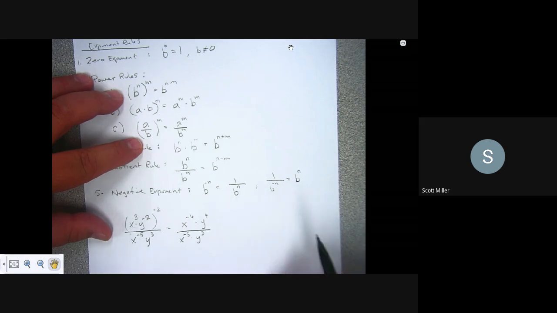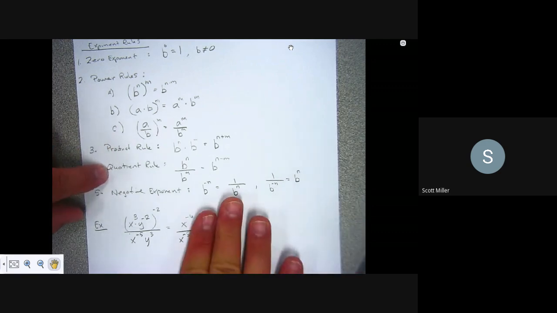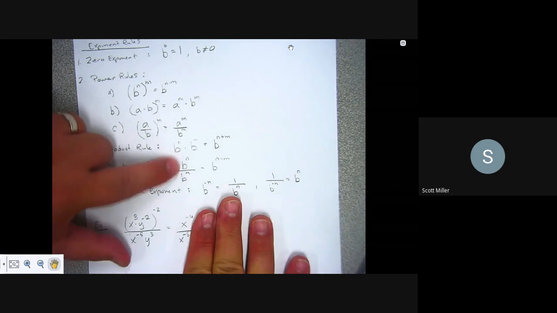The next part is product rule. Do I have anything multiplying that have the same base? Well, these are not the same base, so this product rule does not apply to these two. This is an x, this is a y. These are not the same base, so the product rule does not apply. But if I go to the quotient rule, this is a division. Those x's match that quotient rule, don't they?